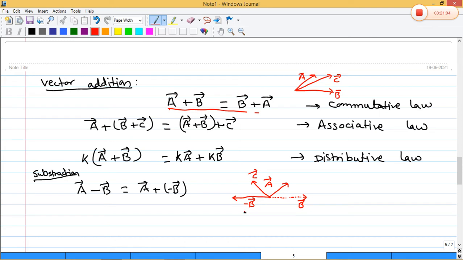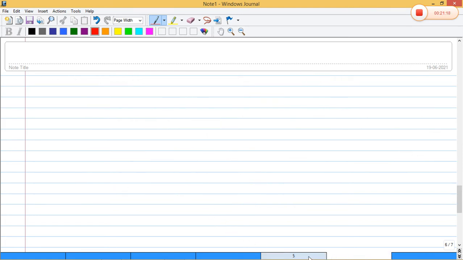So subtraction is nothing but addition, only with the negative of the vector, whose direction is opposite. So this is vector addition.